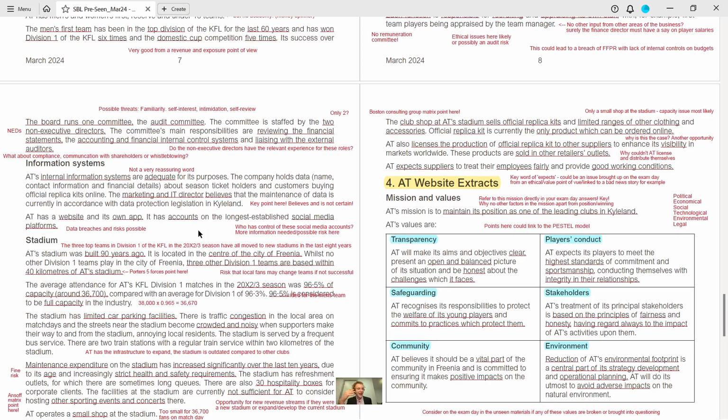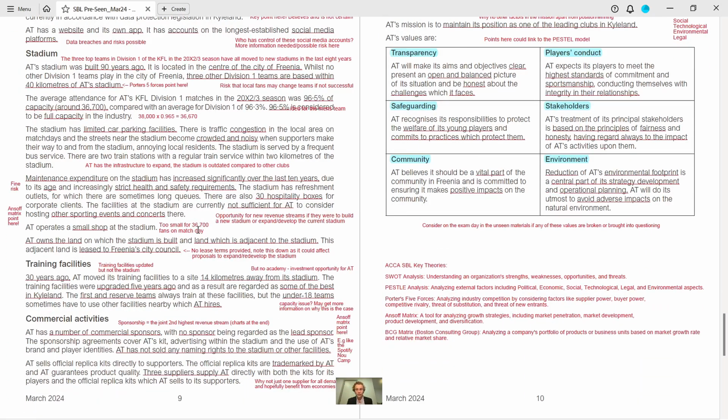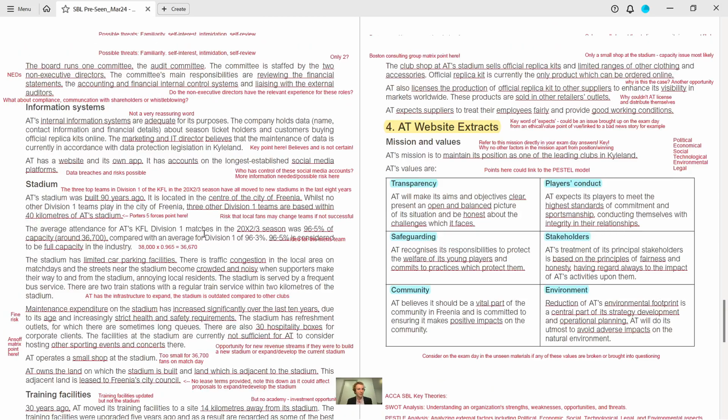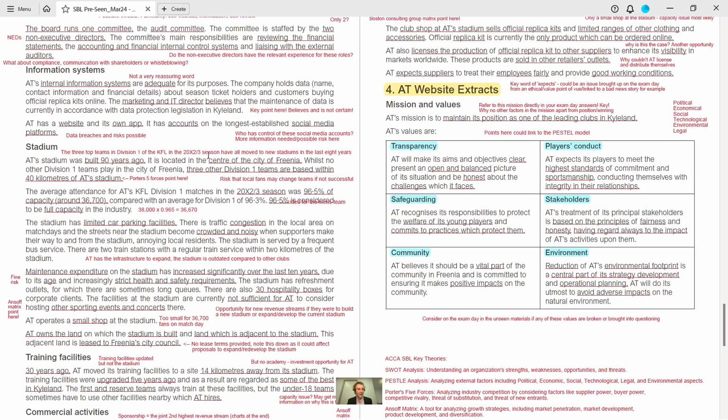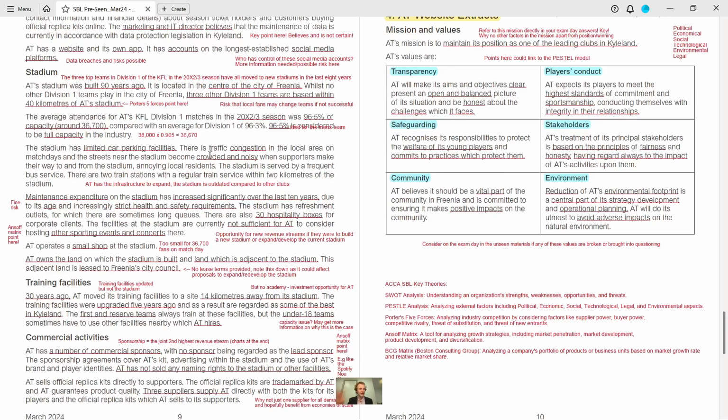What if an actual news story got out about the football club? Who has access to those accounts on there? These are all things that I would just be throwing in there that you'd need to be well on the ball about before you even get into some of the other website extracts and other areas that you can see on here, which nicely brings us to the end of our part 4.